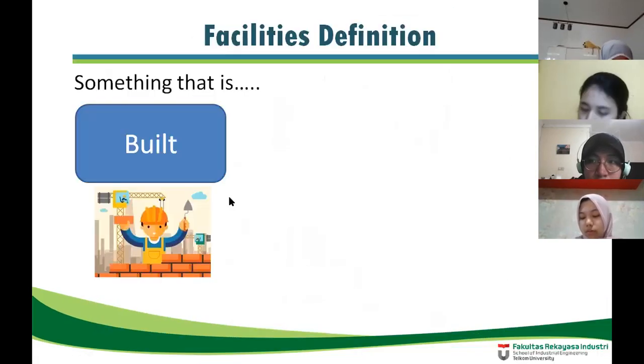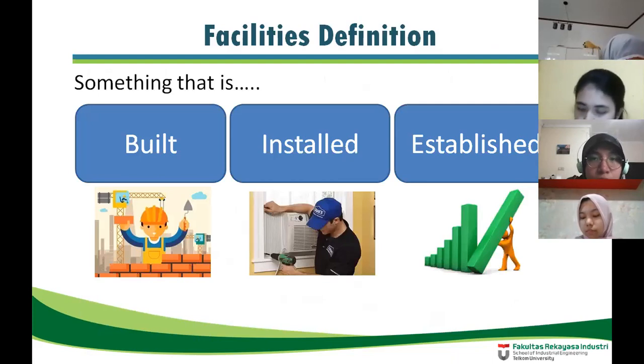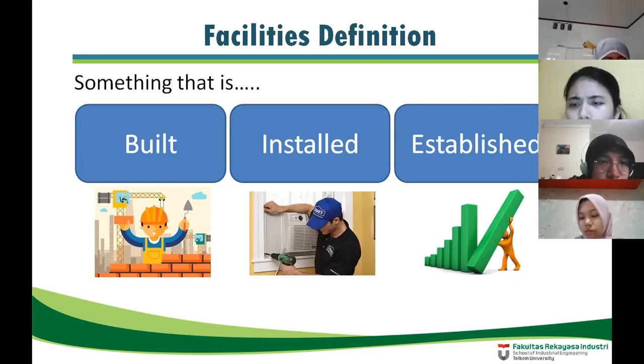So what is a facility? Facility means something that is built, installed, and established. This is the definition of facility. A facility can be divided into two different types, tangible and intangible. Something which is physical, which can be seen and touched, is tangible.